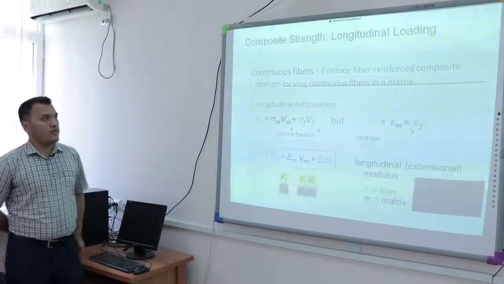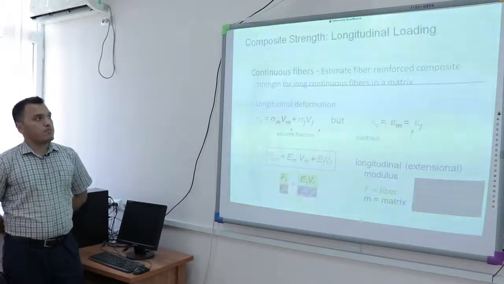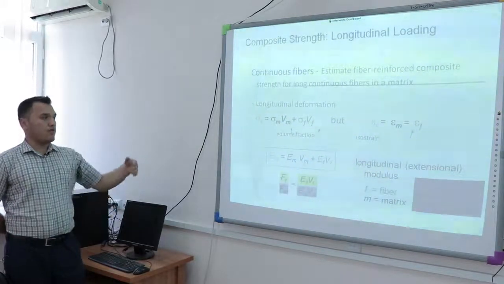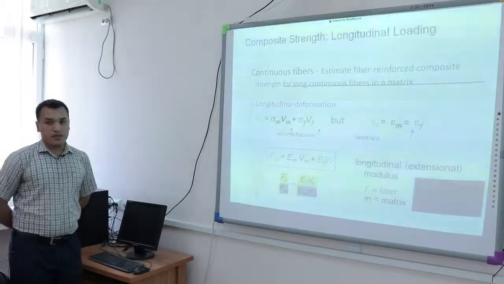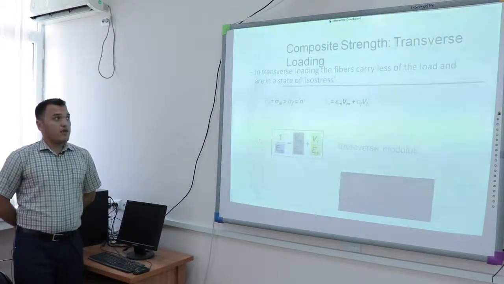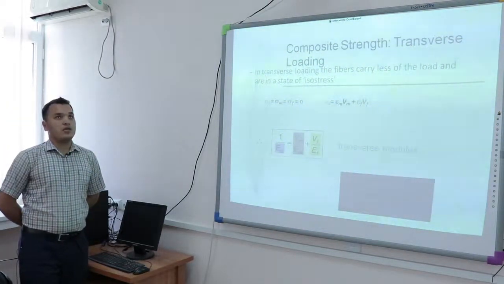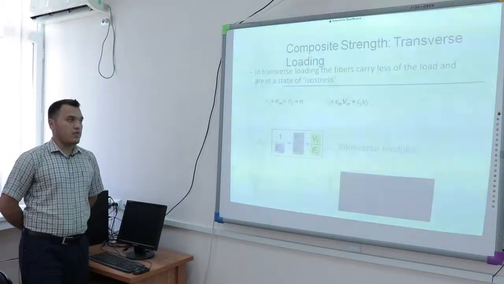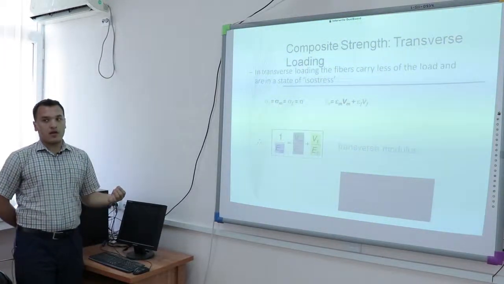And you can see a deformation, the difference between the first position and the second position of fiber and matrix. Also, under transverse loading, fibers carry less of the load and are instead isotropic. We know isotropic is when the modulus is the same in transverse directions.